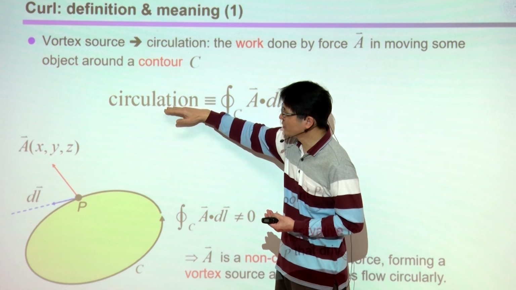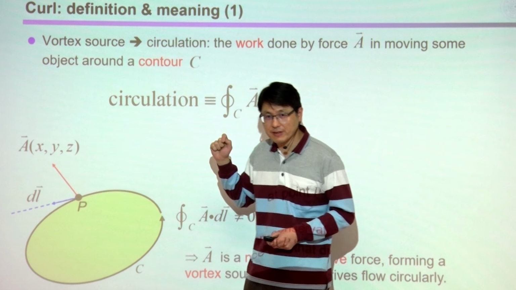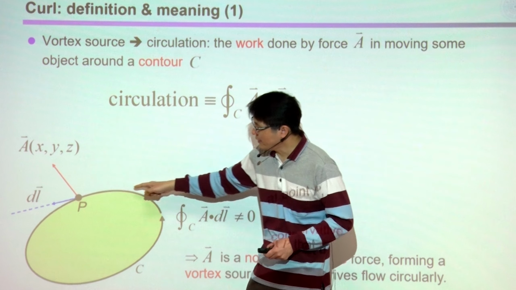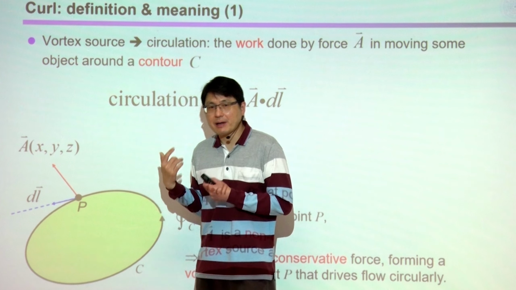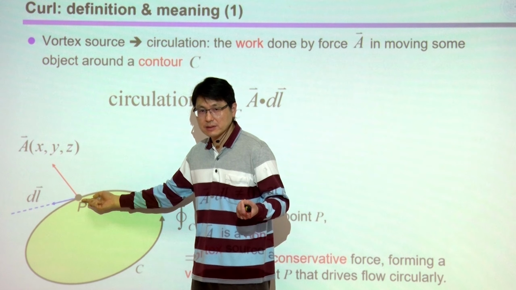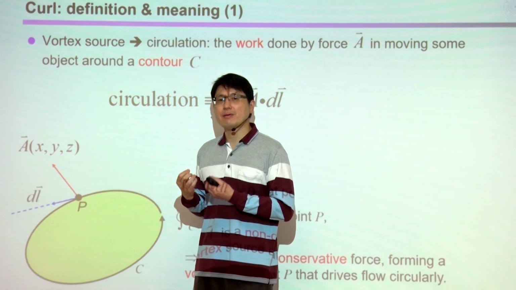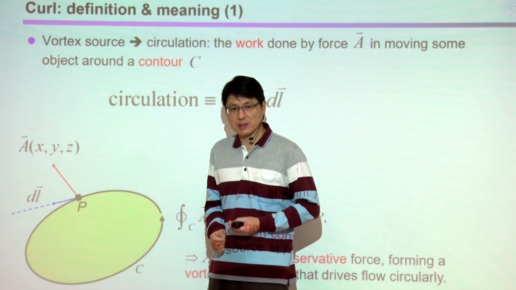So the net circulation means I have my vector field, a function of space, and if I form a closed loop, and somehow I walk on a closed loop, I start from any given point, and I want to know how much of that field is really trying to push me, right?